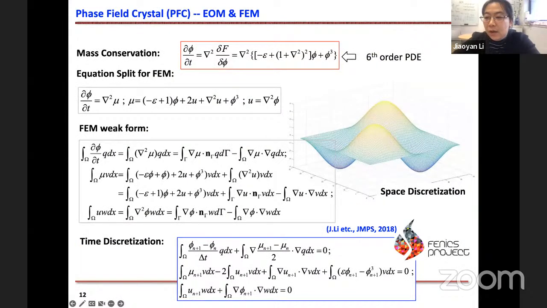The density in phase field crystal, in fact, is a conservative field, and therefore we should have a balance of mass conservation, a governing equation derived based on the construction of the functional.